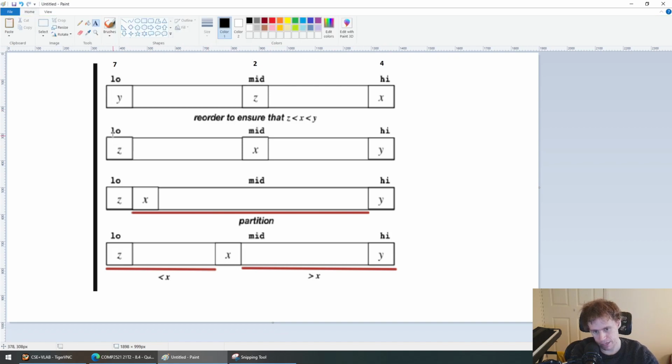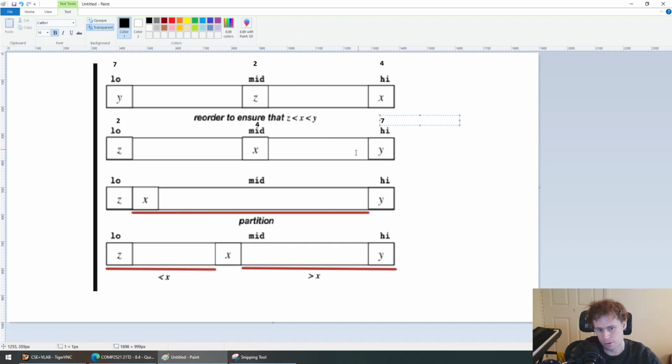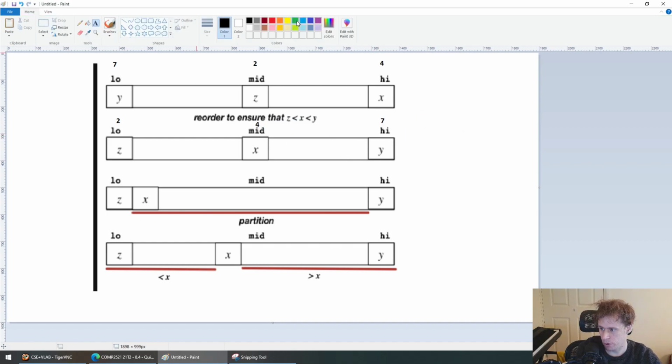So you'd rearrange them, literally just swap them, so that your 7, 4, and 2 is like that. The cool thing is, what you know is that you don't need to sort this Z anymore because it's already sorted. Because what is partitioning trying to do? It's trying to put everything to the left smaller than it and everything to the right greater than it. So that X, that Z and that Y are now in the right spot technically in terms of the partitioning. And then we just have to partition all of this stuff here. And you can see what I just mentioned before.